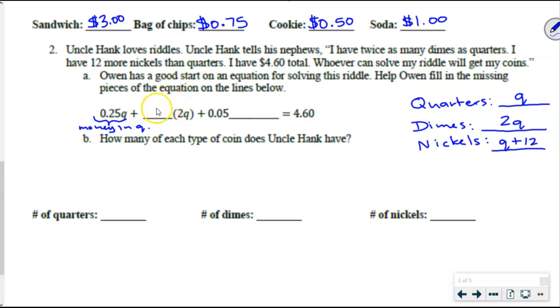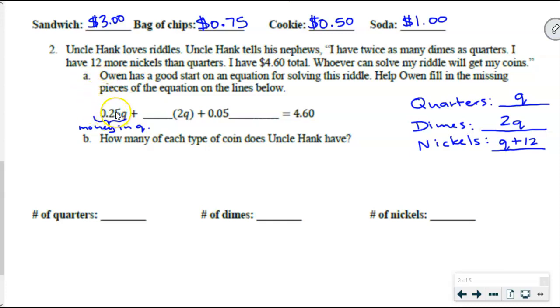Timothy. Say that again. 12. Why 12? It would be Q plus 12, but take a look. We're not talking about the nickels. What are we talking about? 2Q represents how many dimes? Let's go back to the beginning here.